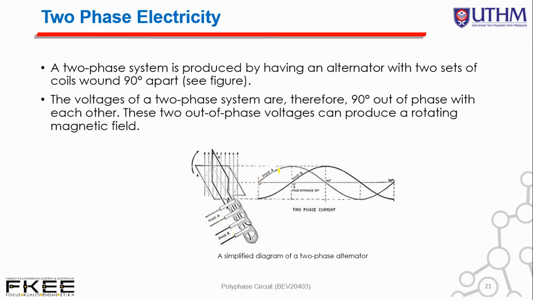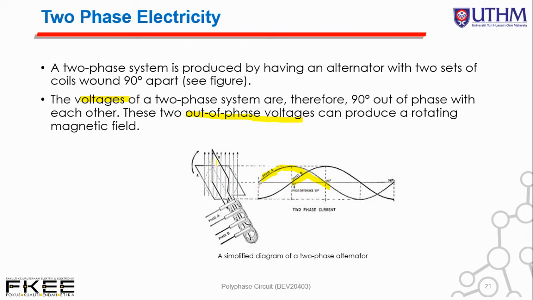Similarly, the waveform over here is the waveform generated for phase A as well as phase B. It is now the voltage of a two-phase system, therefore 90 degrees out of phase with each other. These two out-of-phase voltages can produce a rotating magnetic field. We can see now phase A is being generated, as well as phase B. These two waveforms are separated by 90 degrees.